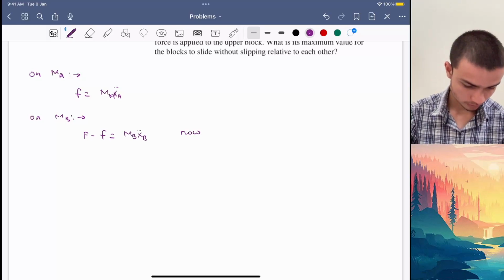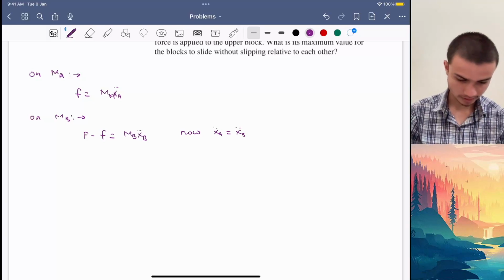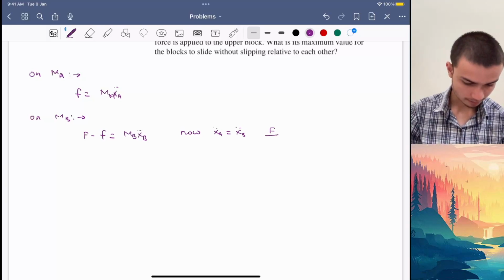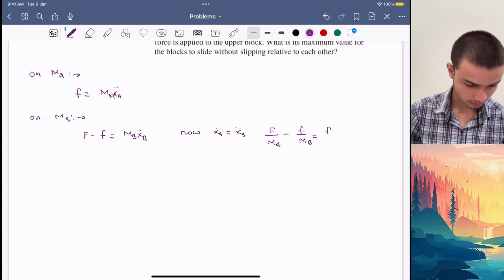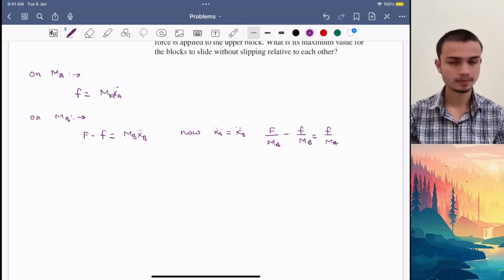Now XA double dot equals XB double dot. So what just happened is that it turned out to be F upon MB minus small f upon MB equals small f upon MA. This is it.